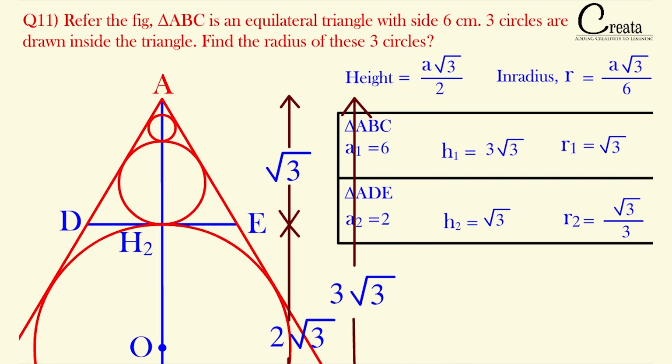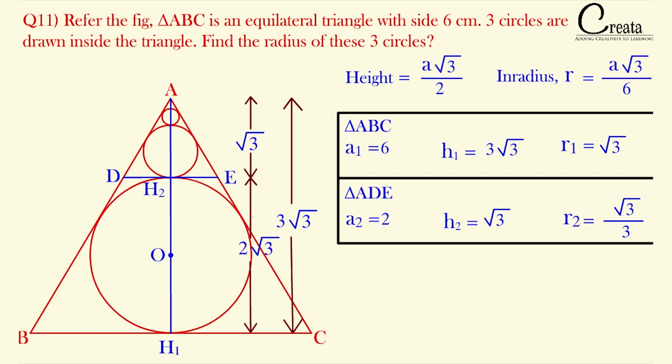If we observe the triangle ABC and the triangle ADE, the side of the triangle ABC is 6 cm and the side of the triangle ADE is 2 cm. And H1 is 3√3 and H2 is √3. And R1 is √3 and R2 is √3/3. Are you able to observe the ratio of A1 to A2 is 3:1?